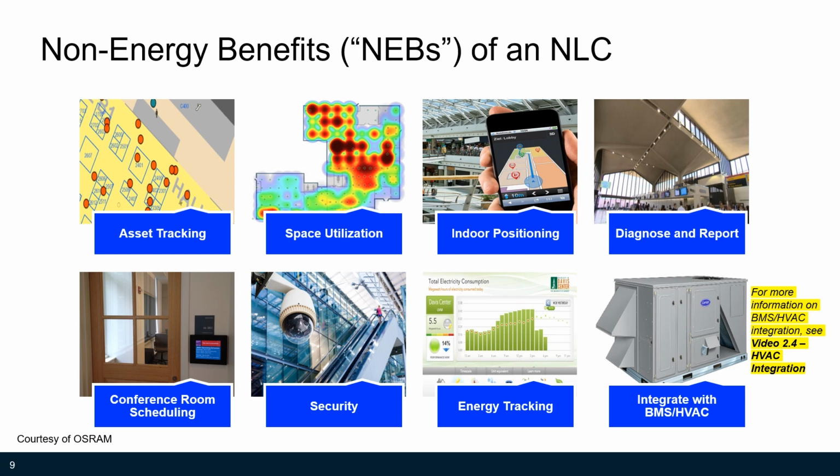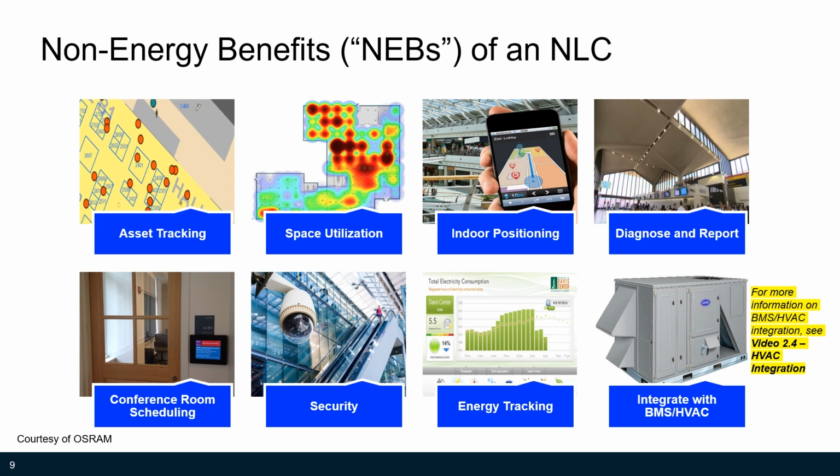We talked about non-energy benefits, and these can be very, very valuable and beneficial features. So just as an example, there are a lot of these, but just as a quick example in terms of asset tracking, if you have Bluetooth beacons in every fixture, whether it's a Bluetooth control system or not, but if every single light fixture has a Bluetooth beacon in it, and everything that you want to track has a tag on it, you can immediately determine where that item is in your facility by looking it up.